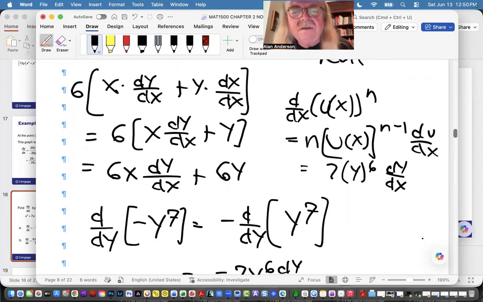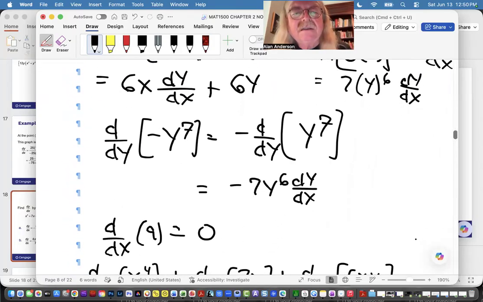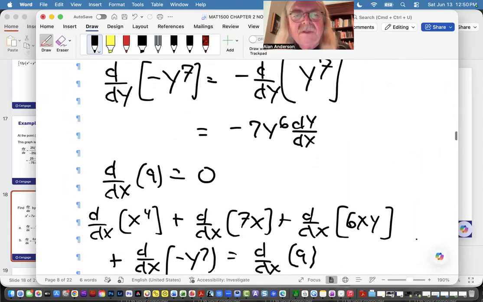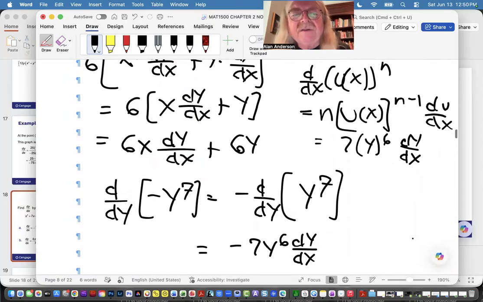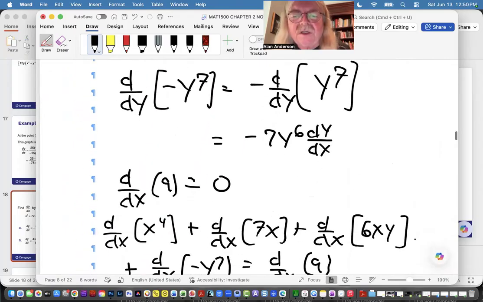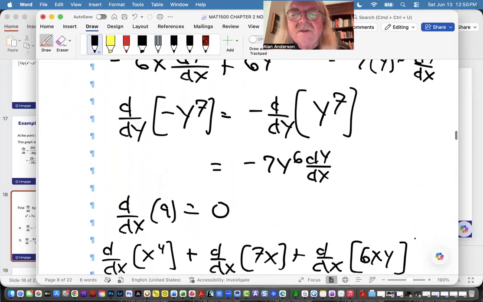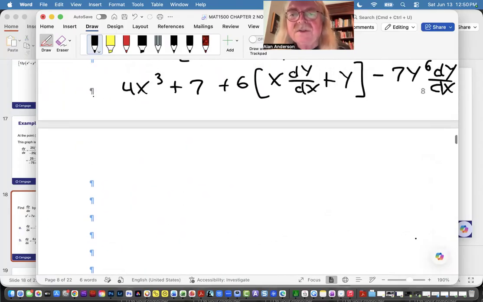Then the next one was 6x dy/dx plus 6y, although I haven't multiplied it out yet. 6x dy/dx plus 6y minus 7y to the 6 dy/dx equals 0.